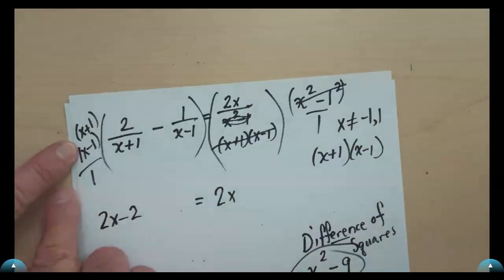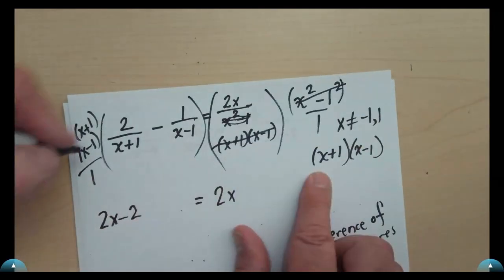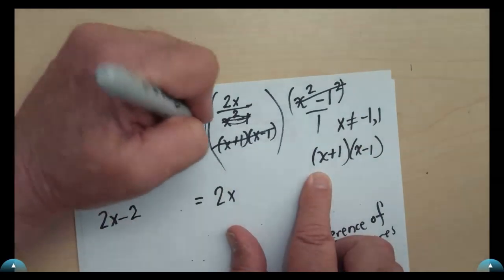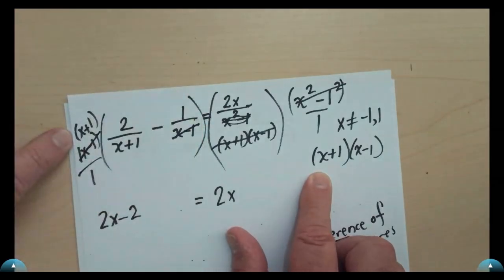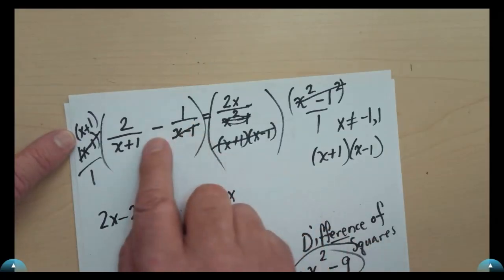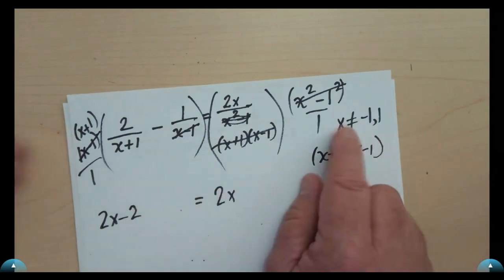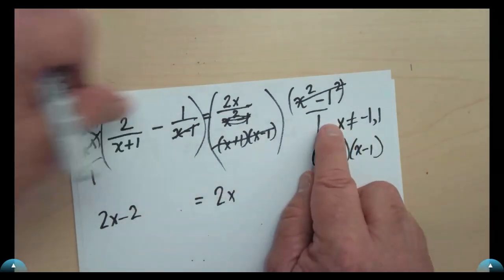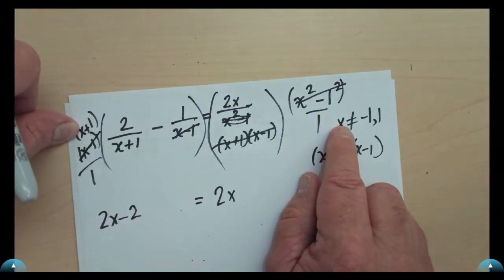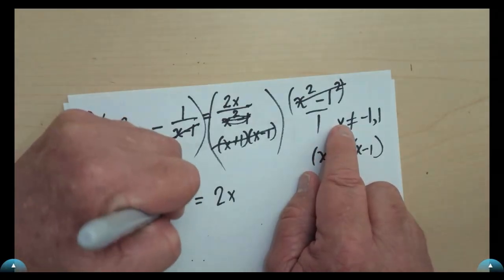Then when I multiply all of this times that next term, this time the x minus 1 cancels, but the x plus 1 doesn't. And notice I've got to multiply x plus 1, not times 1, but times negative 1, right? So that's also really just distributing. Negative 1 times x is negative x.